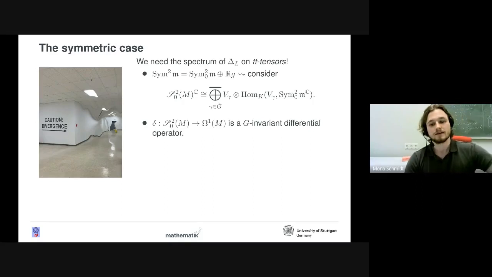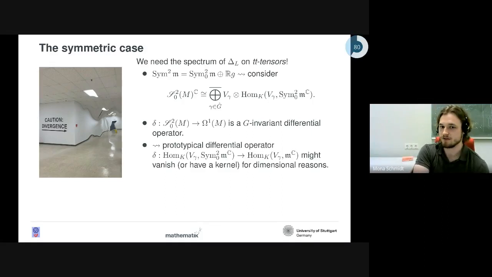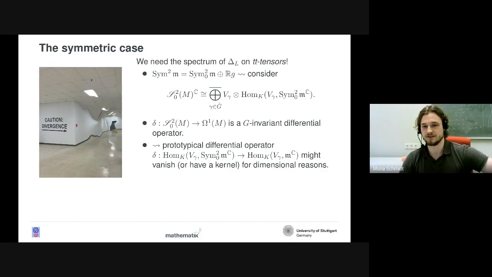So if we have such an invariant differential operator, we can consider its prototypical differential operator on these matrix coefficient spaces. So we go from these to those occurring in the decomposition of Omega^1. Imagine we have Omega^1 here instead, then we have this space on the right-hand side instead.